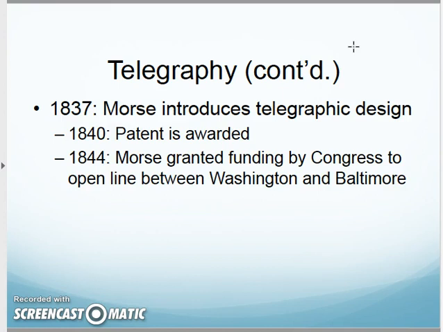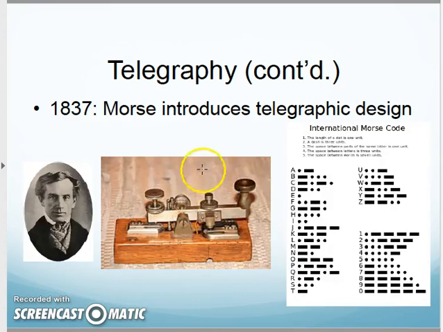Again, late 1830s, we have Morse, that we're used to, Morse Code, who introduced the telegraphic design. His patent is awarded in 1840. In 1844, Morse is granted funding by Congress to open a line between Washington and Baltimore. His telegraph is what we think of when we think of a telegraph, this little telegraph key.